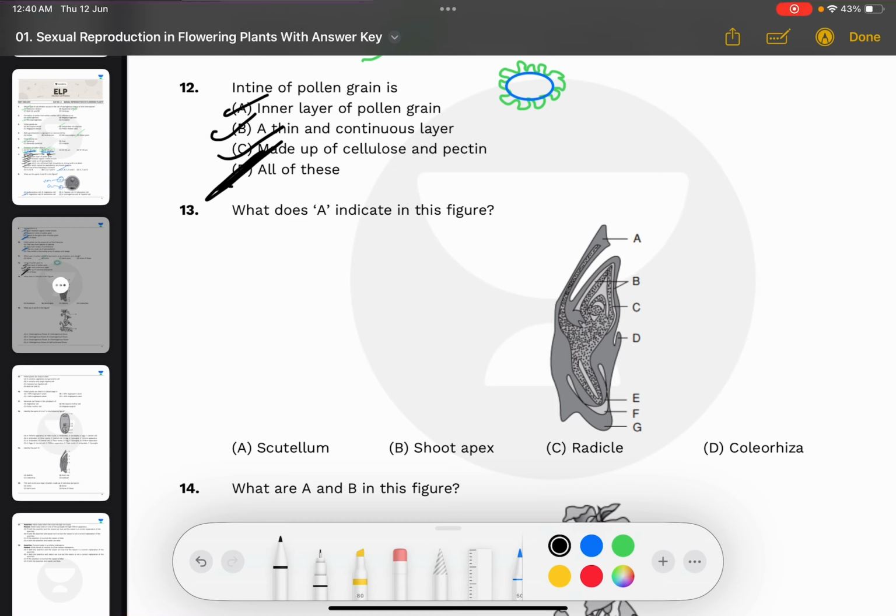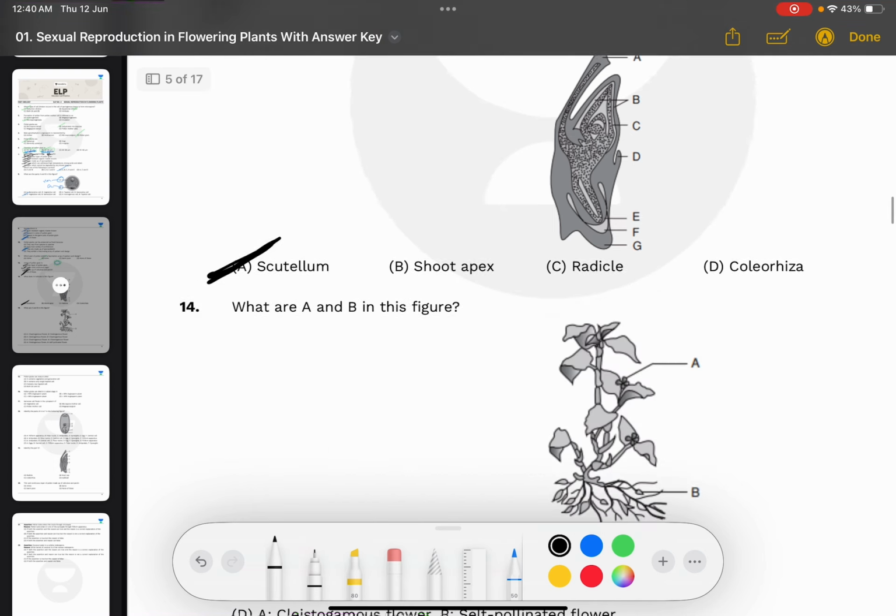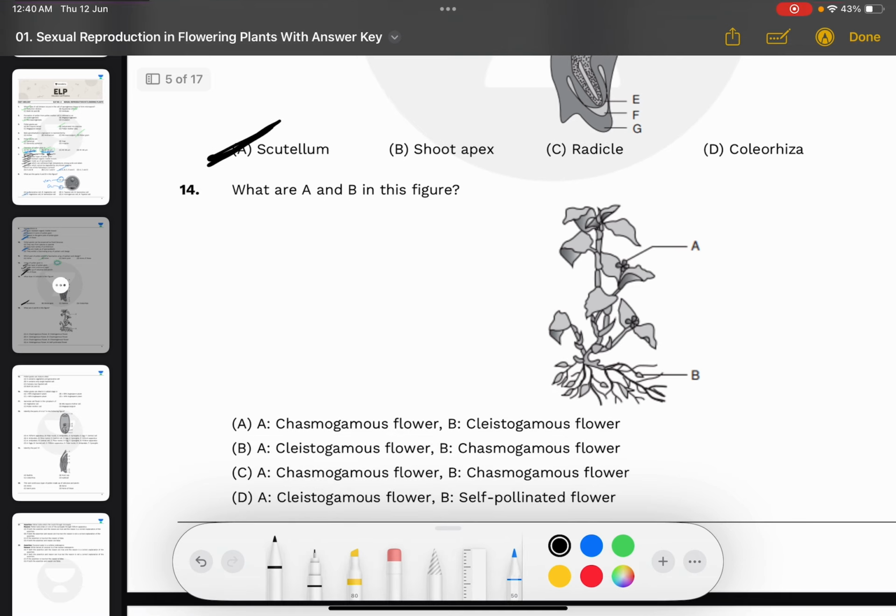What does A indicate? Oh my goodness, a very silly question has been asked from this. That is what we call the scutellum, I think. Let me be the silly guy, otherwise I am right. Scutellum. What are A and B in the figure?